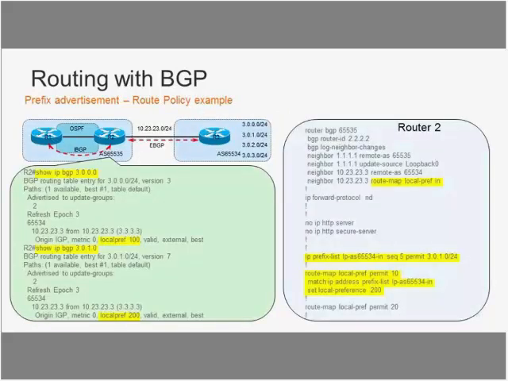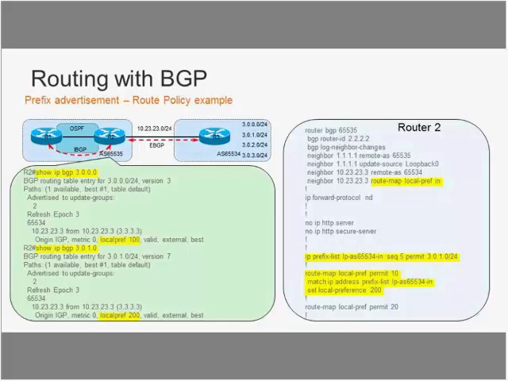Okay, so here's another example wherein we can see how we can attach an attribute to a particular prefix we are receiving from the neighbor. If you look at the router 2 configuration on the right-hand side, by default, the local preference attribute has a value of 100. But we can change that to manipulate the flow of the routes or the prefixes.